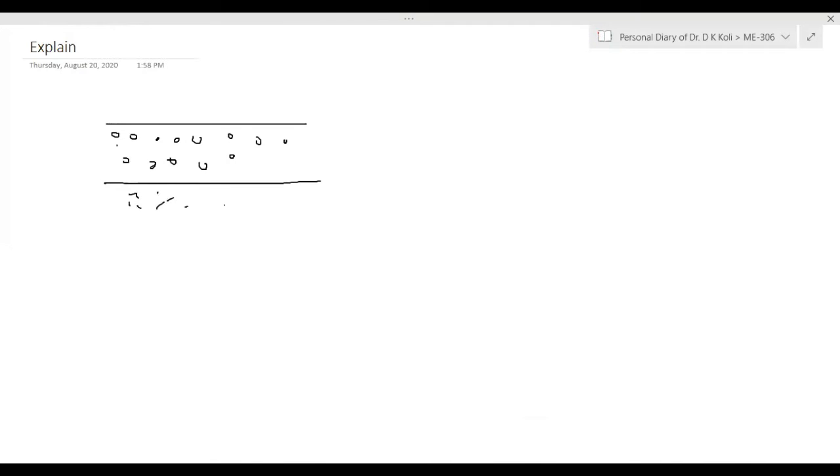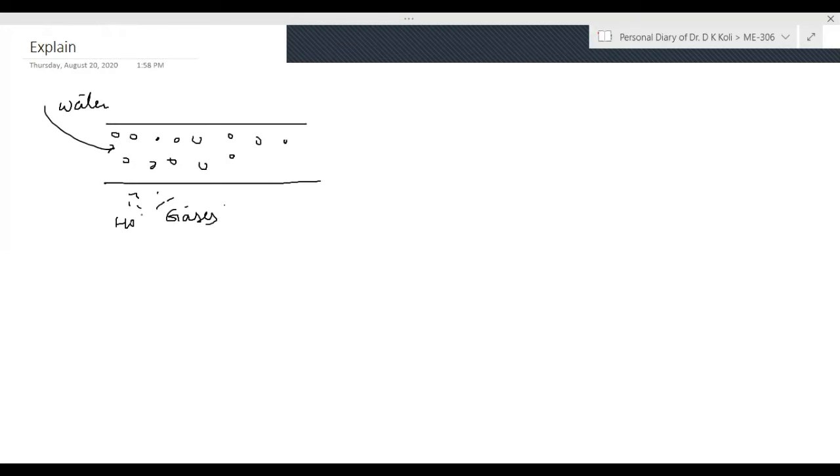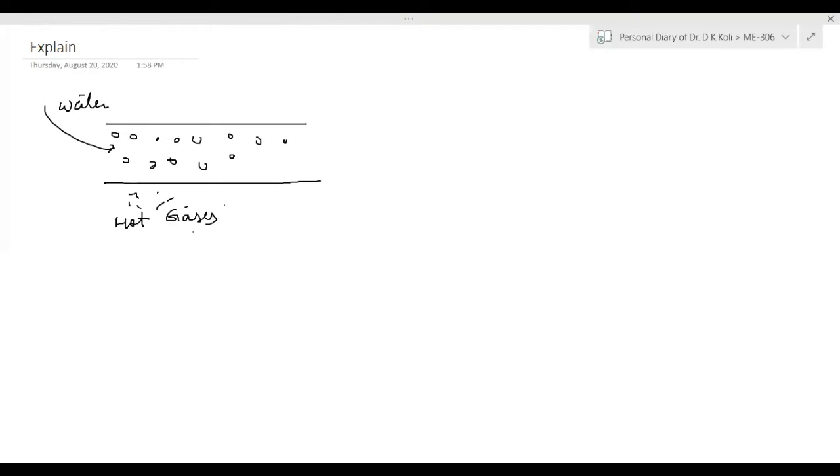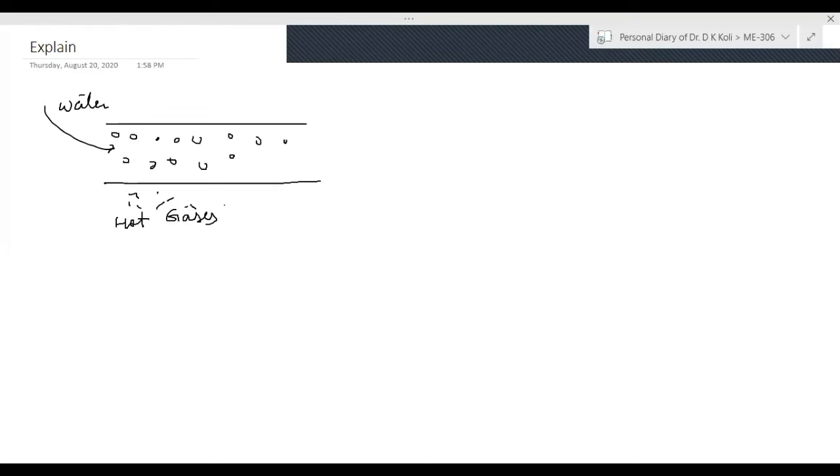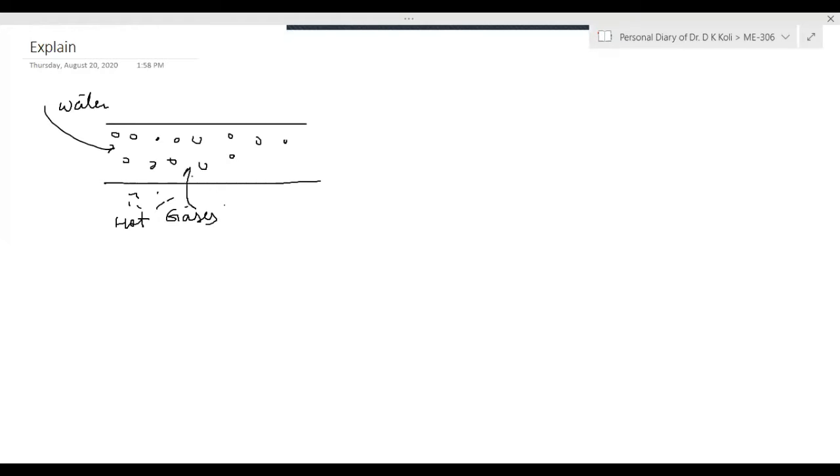I am writing here, inside the pipe there is the water, and outside this pipe there are hot gases. And what is happening here, the heat of the hot gases is passing to the water.